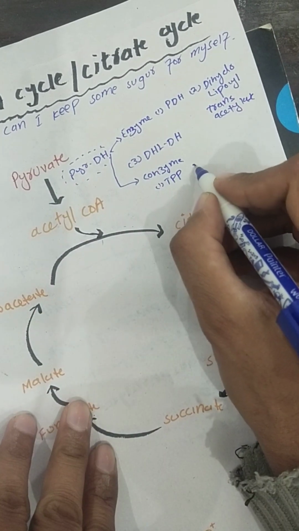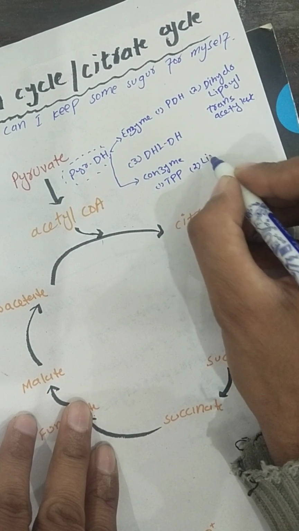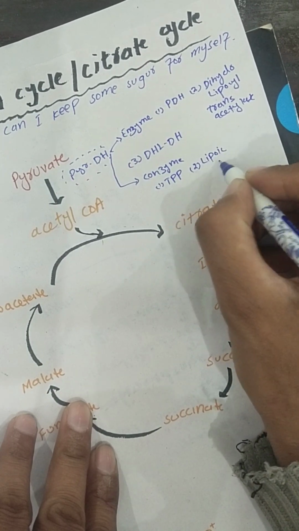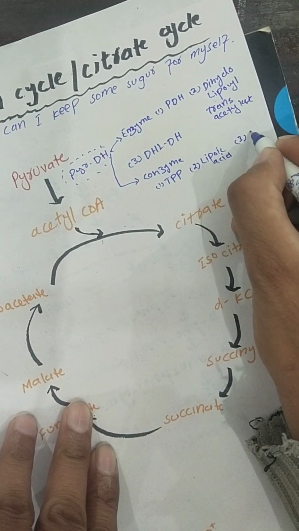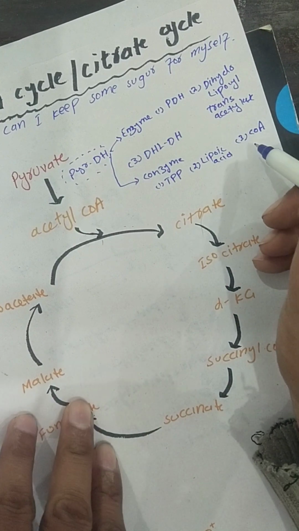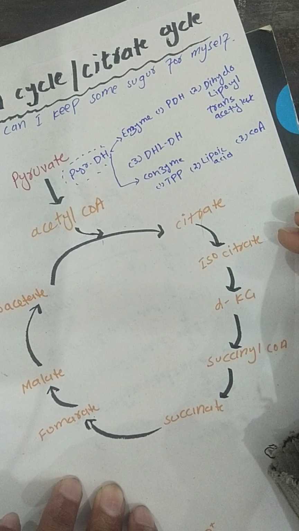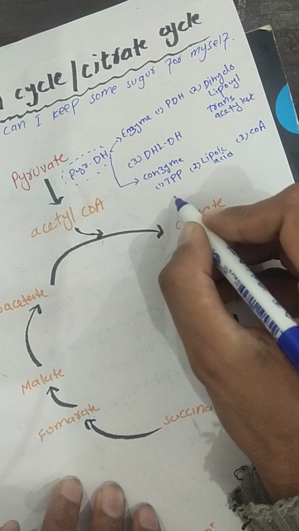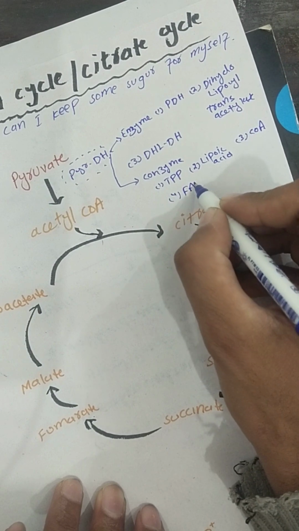Then we have lipoic acid. Then the third one is CoA. CoA is pantothenic acid, the active form of vitamin B5. Then the fourth is FAD, or FADH.